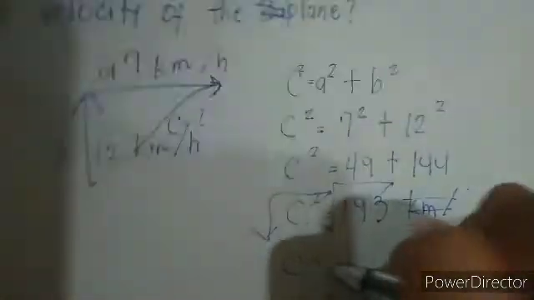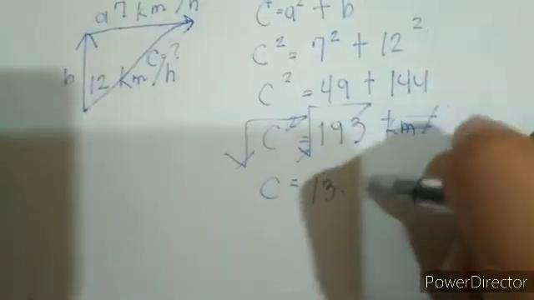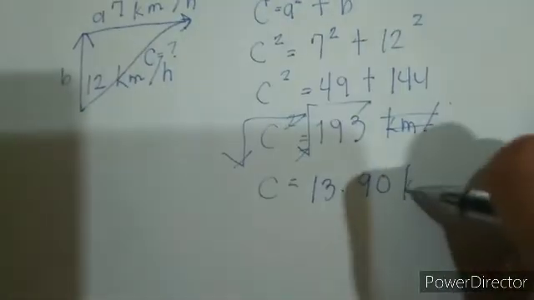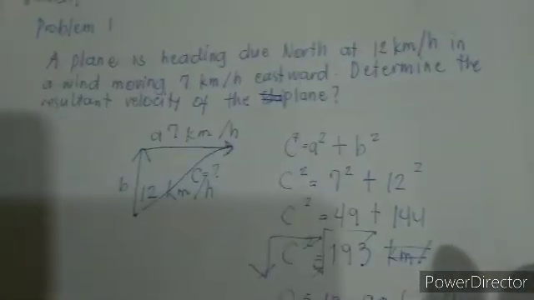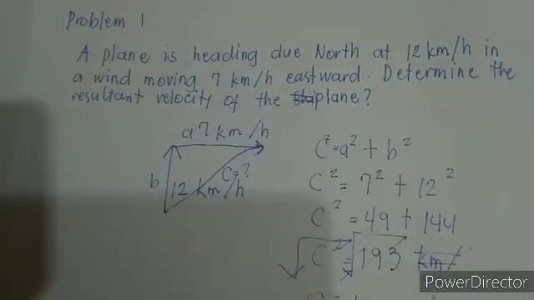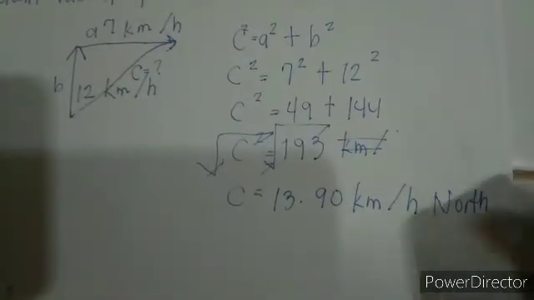So C is equal to 13.90 kilometers per hour. And our direction is from north to east. So let's have northeast.